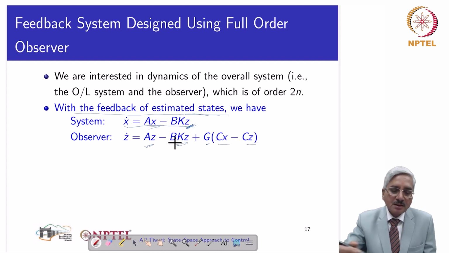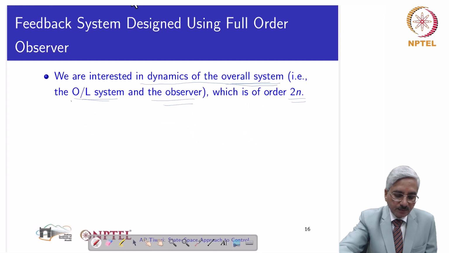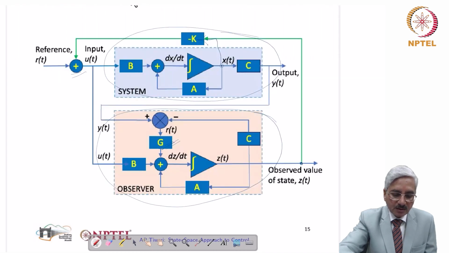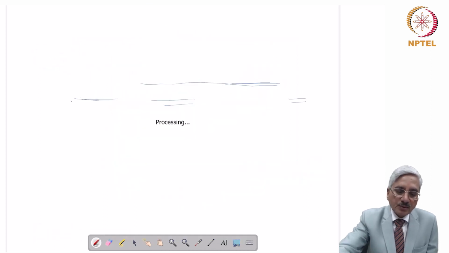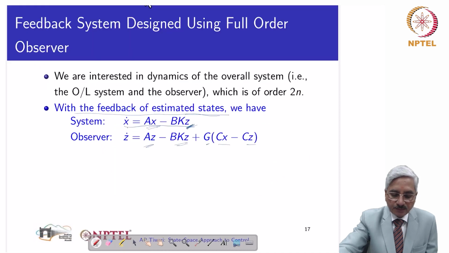Now from where is this coming? This is coming because the observer equation was that z dot is Az plus Bu plus G(y minus Cz). So in that we are doing the substitutions.